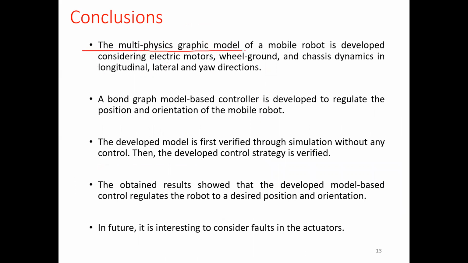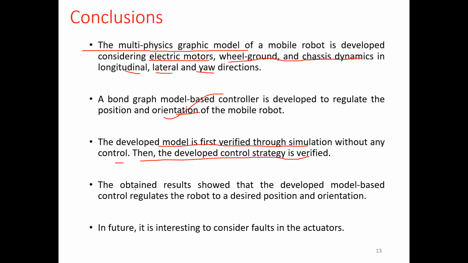These are the conclusions of this work. A multi-physics graphical model of a mobile robot is developed. It is multi-physics because we have an electric motor, mechanical wheel-ground dynamics, and chassis dynamics, including longitudinal, lateral, and yaw directions. A bond graph model-based controller is developed to regulate the position and orientation. The developed model is first verified through simulation without any control, and we got the expected results, and then the developed control strategy is verified.